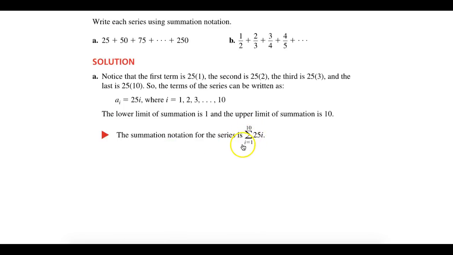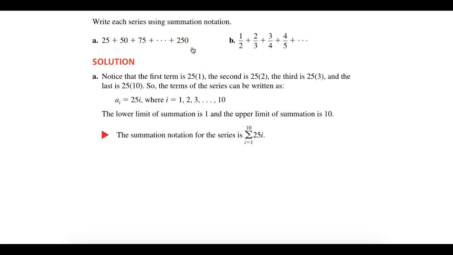On bottom, I equals 1, that's our lower limit. Our upper limit is 10, and our rule is 25 times I. If we would take this out and write it, starting out with 1, and having each value in our series go up from I equals 1, going each number to I equals 2, I equals 3, all the way to 10, we would get all the values in this series.